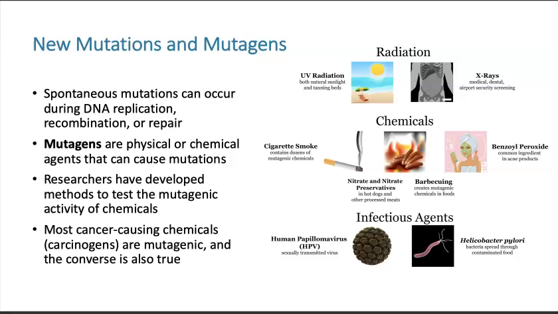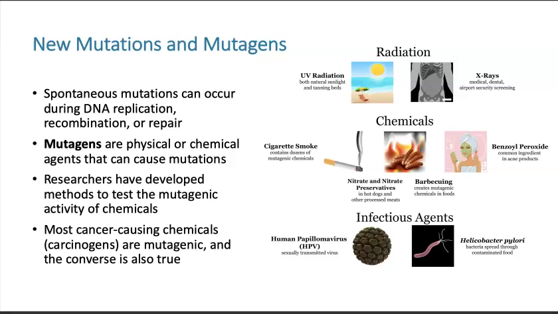Chemicals like cigarette smoke, nitrates and nitrite preservatives like those found in hot dogs and red wine, and barbecuing. It turns out that if you burn food till it has that nice crust, that crust is a mutagen. And benzoyl peroxide, which is common in acne products, is a mutagen.